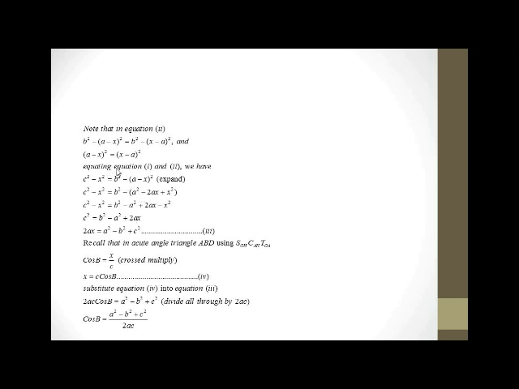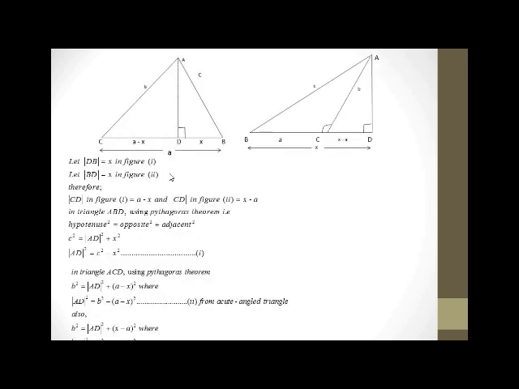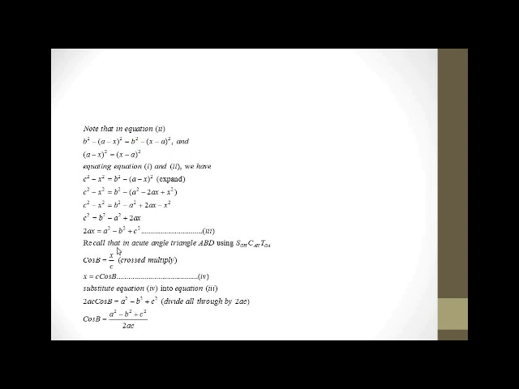So now, if we equate equation 1 and 2, that is equation 1, which is c squared minus x squared, and equation 2, which is b squared minus open bracket a minus x close bracket squared. If we equate it together, then we are going to have what we have here. Then we are now going to expand. If we expand what we have here at the right hand side, (a minus x) squared, we're going to have what we have here.